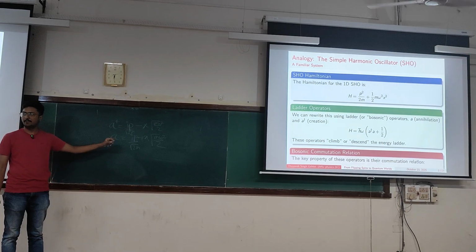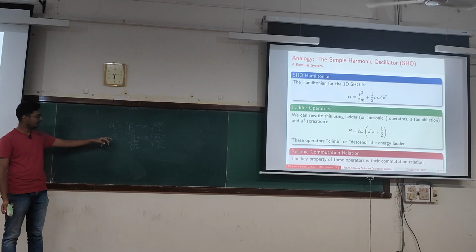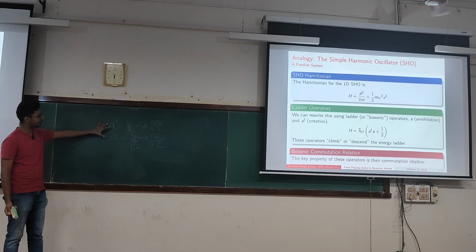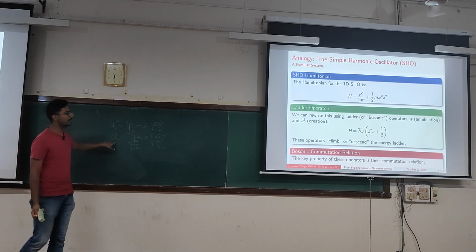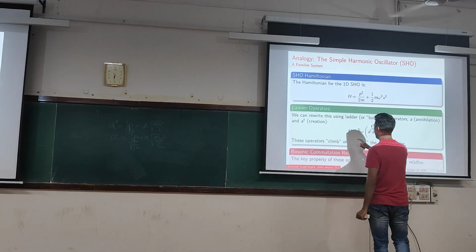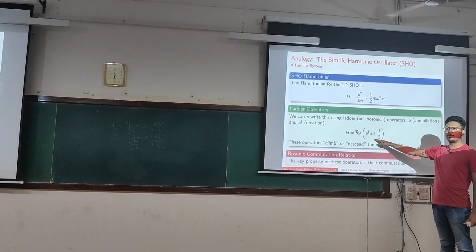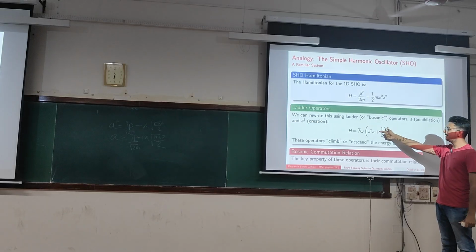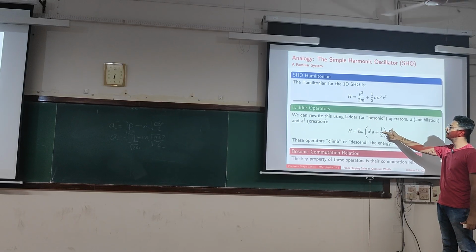When we define A dagger and A, we can write this harmonic oscillator Hamiltonian in a very nice and compact way, and it shows a very beautiful thing.